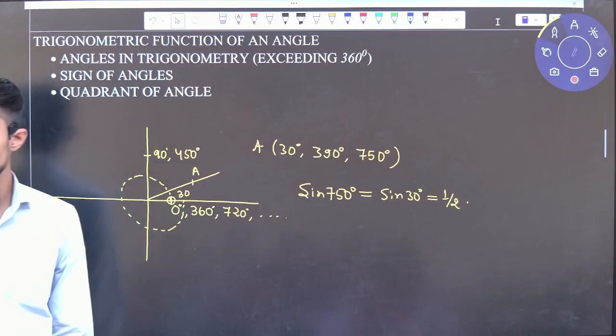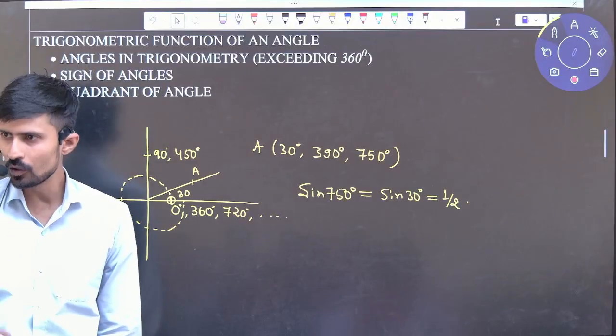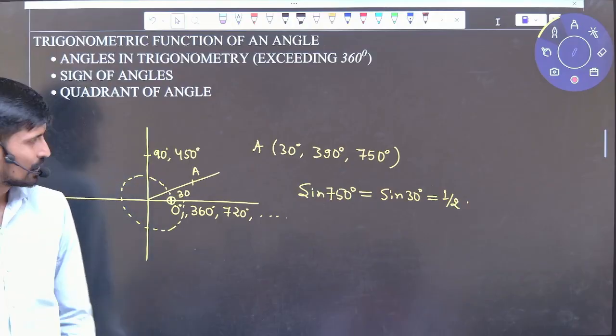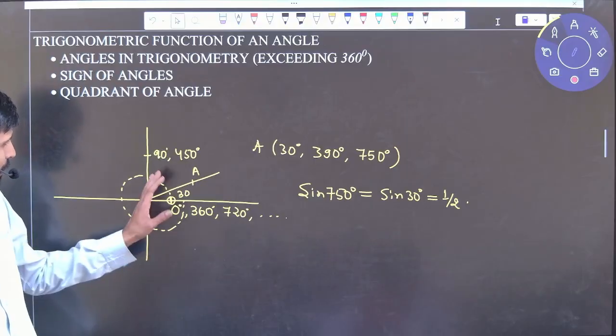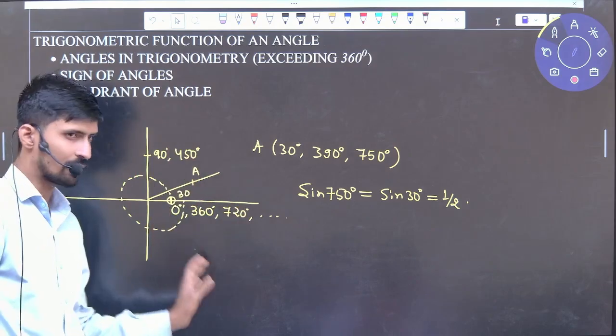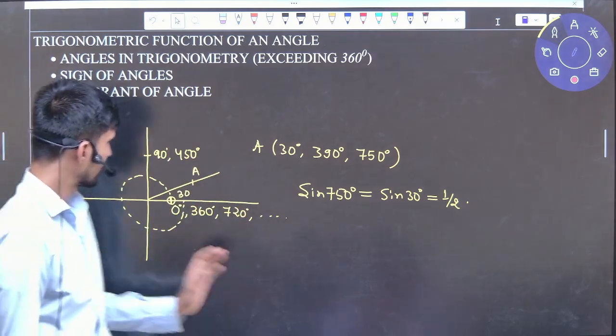If our angle is exceeding 360 degree, how will we find the values? Okay, so now you can write this down. Again, I will give you some different figures for all these things. Okay, write down.